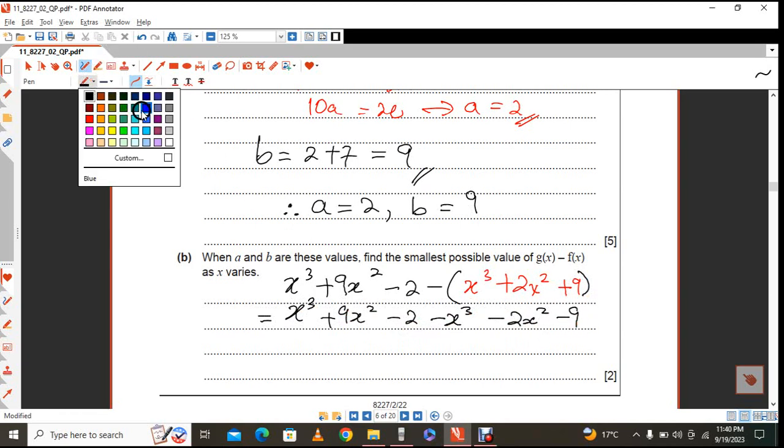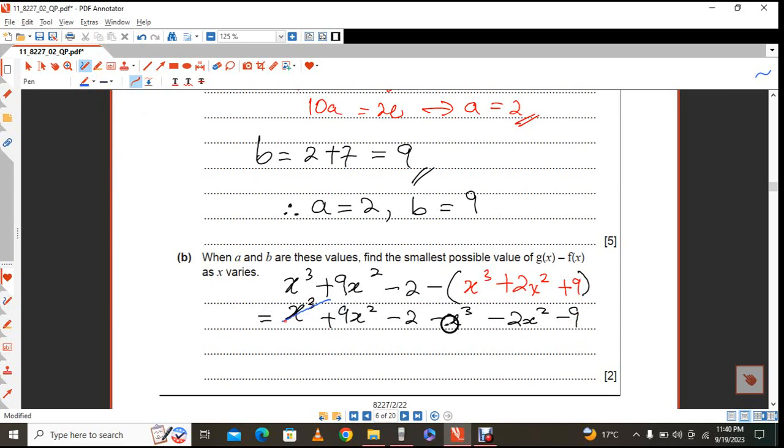An interesting thing happens: the x cubes will definitely cancel, and it leaves you with 9x squared take away 2x squared, that is 7x squared, minus 2 take away -9, that's minus 11.